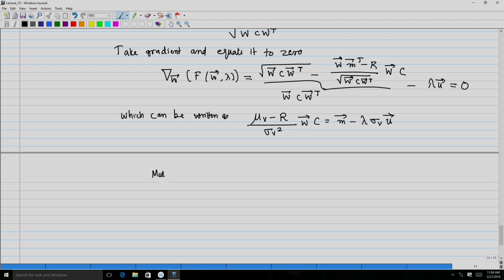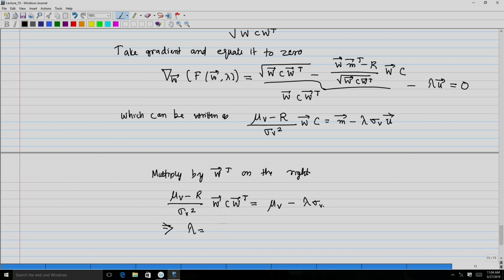Accordingly, we will multiply by the vector W transpose on the right and get (mu v minus r) over sigma v square into W C W transpose is equal to mu v minus lambda sigma v, which implies that lambda is equal to r over sigma v.